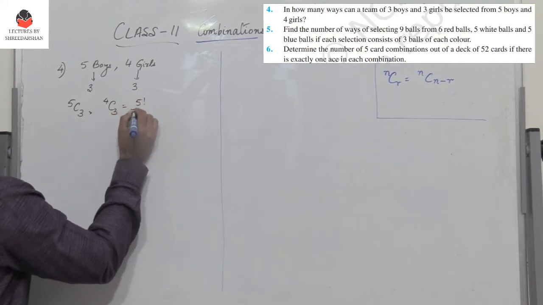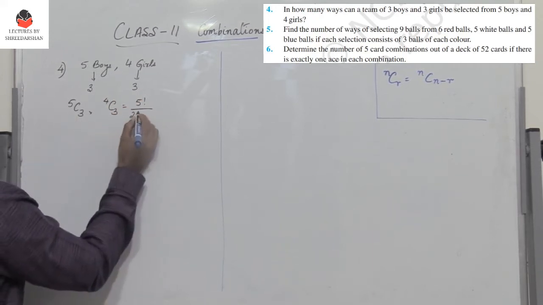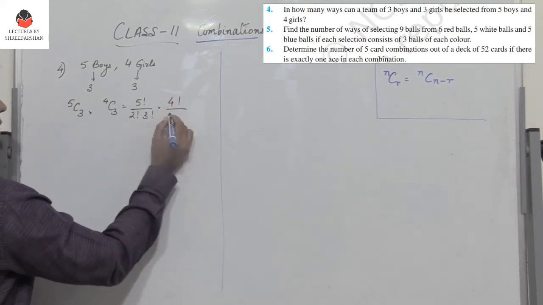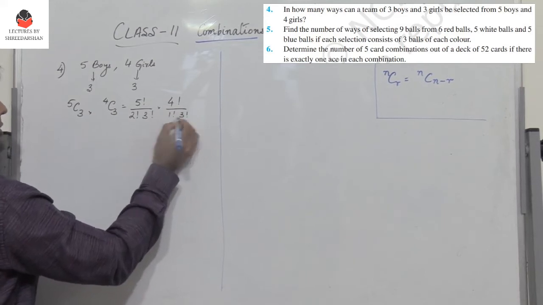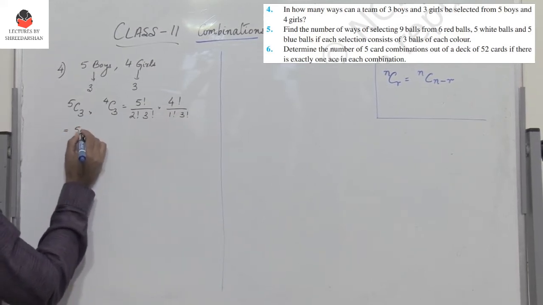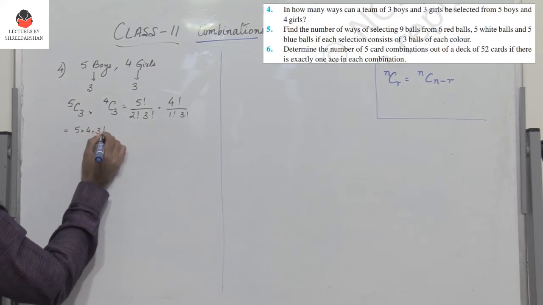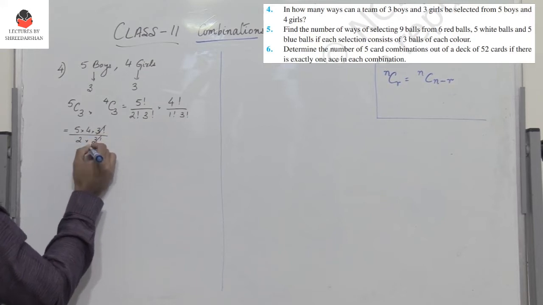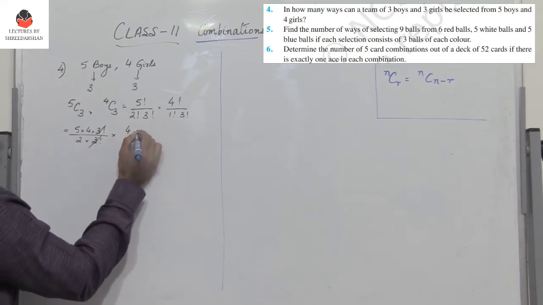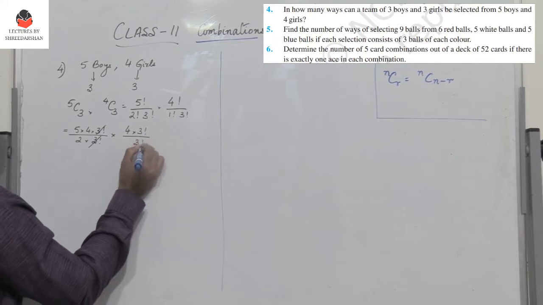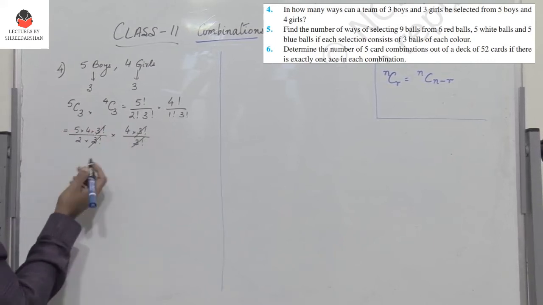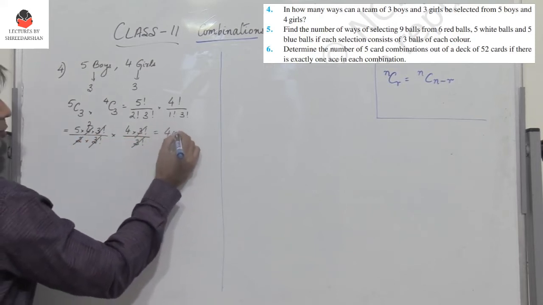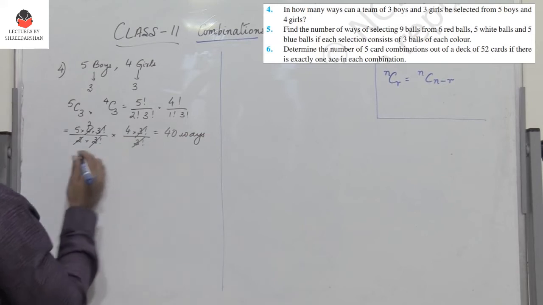So it is 5 factorial divided by (5 minus 3) is 2 factorial into 3 factorial, into 4 factorial divided by (4 minus 3) is 1 factorial into 3 factorial. So this is 5 into 4 into 3 factorial divided by 2 factorial, which is 2, into 3 factorial. So this is 4 into 3 factorial divided by 3 factorial. So 3 factorial gets cancelled. So 2 2s are 4, so you have 10 into 4, which is 40 ways. So a very simple problem.